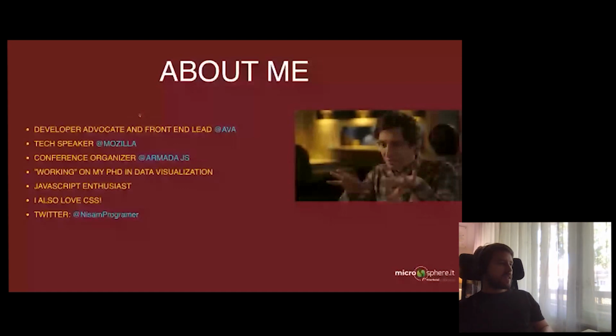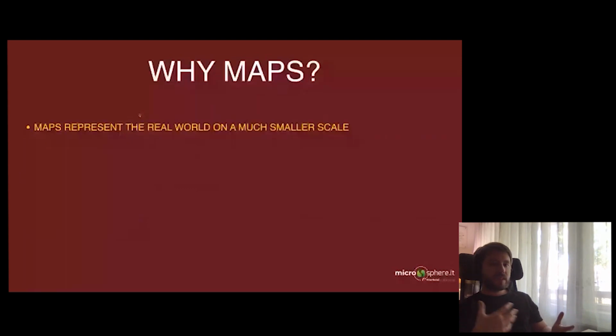Okay, so let's start. So why are we talking today about maps, or why would we talk about maps at all? Well, they represent the real world on a much smaller scale. And that is pretty obvious, right? And especially today, when the world is so connected with so many different services, data, different applications in different domains, it's very valuable to see where you are or where your interests lie in the world.